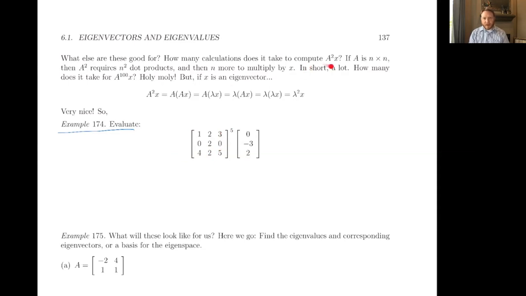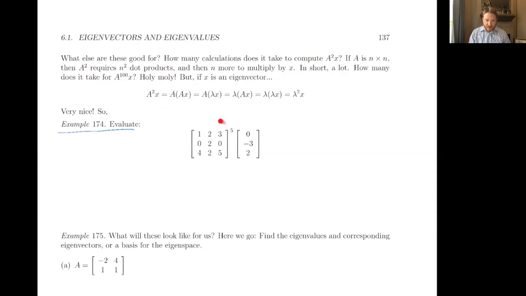But let's go back up here. If I wanted to do A squared x, that requires n squared dot products, which is a lot. But if x is an eigenvector, then A squared x is A times Ax, and we know that Ax is lambda x. Then you can take that lambda out, and that's lambda times Ax, which is another lambda x. So A squared x is just lambda squared x.